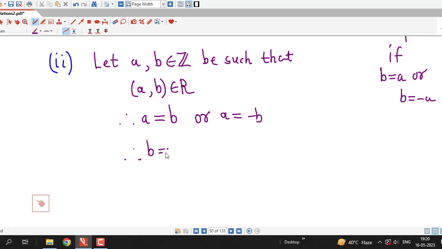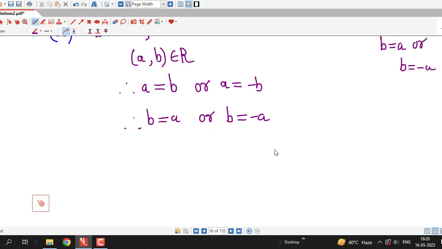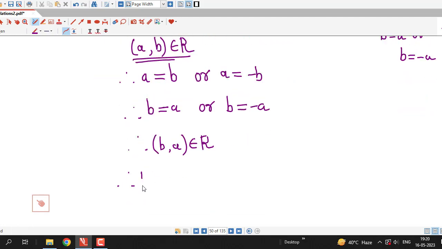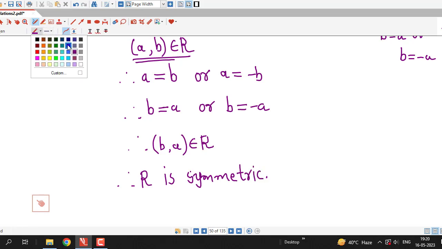A equal to B can be rewritten as B equal to A. Similarly, A is negative of B, so I can write B equal to negative of A, and therefore this implies ordered pair (B, A) is also present in R. So we have shown that whenever (A, B) belongs to R, (B, A) is also in R. This implies that relation R is symmetric. So this property is also satisfied.